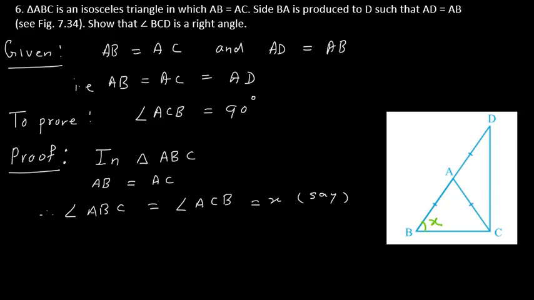This is X and this value is X. Okay, this is equation 1, and I will say that why they are equal. So here we can give reason: isosceles triangle theorem.